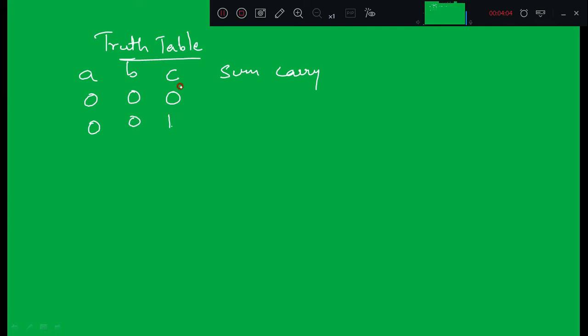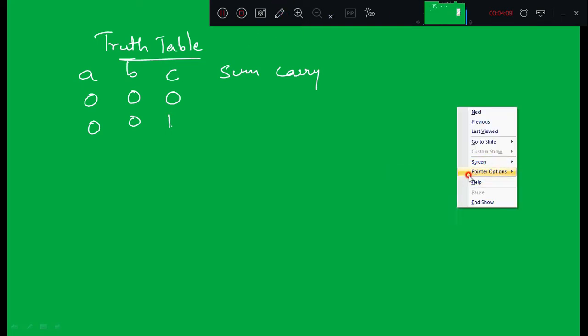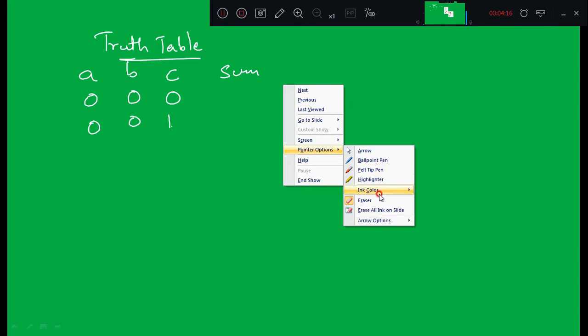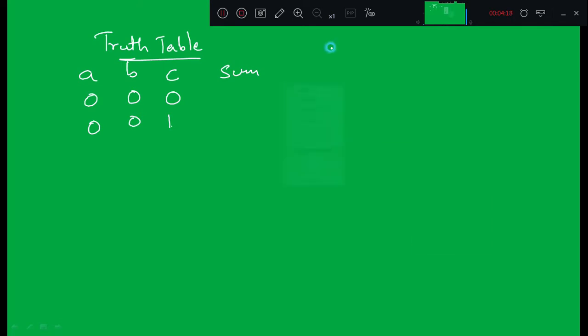Okay, so here I'll leave some space in between, because with this truth table itself I will design the final circuit. Okay, so 0 0 0, 0 0 1, 0 1 0, 0 1 1, 1 0 0, 1 0 1, 1 1 0, 1 1 1. Okay, so these are the 8 combinations.